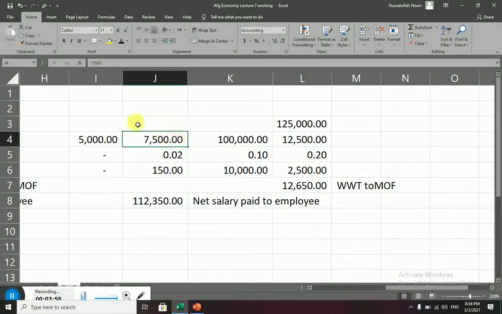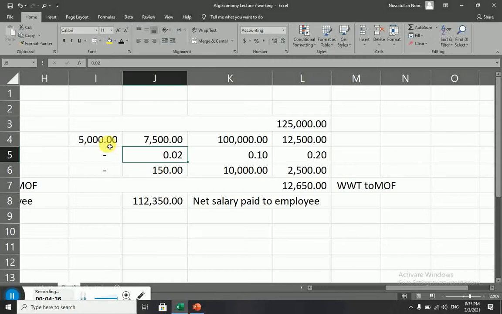Then this is the second threshold, which is up to 12,500. If you have a salary of up to 12,500, it's subject to 2%, except we deduct the 5,000, because 5,000 is not subject to tax.